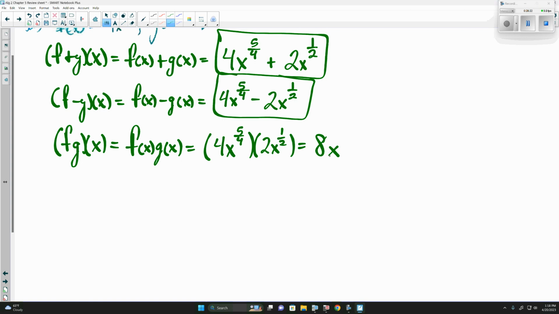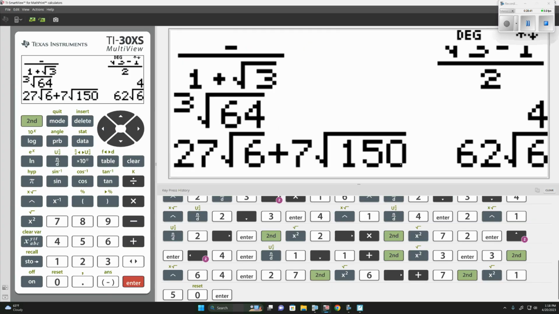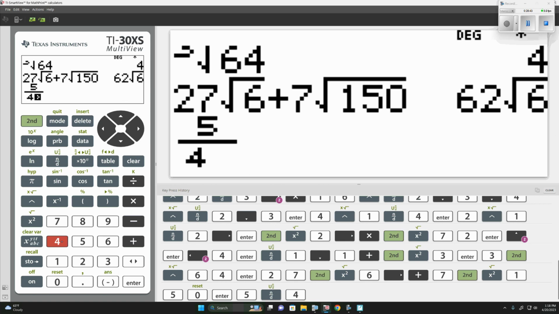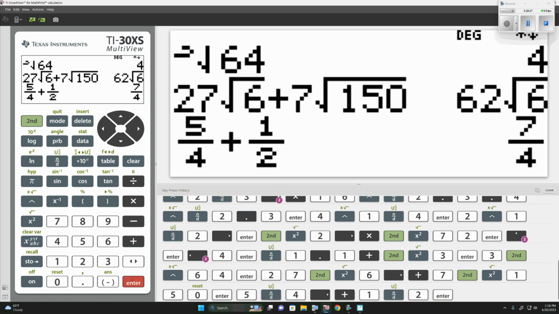Now, when we multiply like bases, because both bases are indeed x, we add the exponents. So at this point, we can't just leave it as x to the 5/4 plus 1/2. We can add them together and get 7/4.